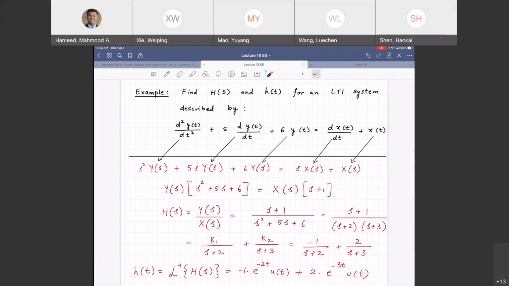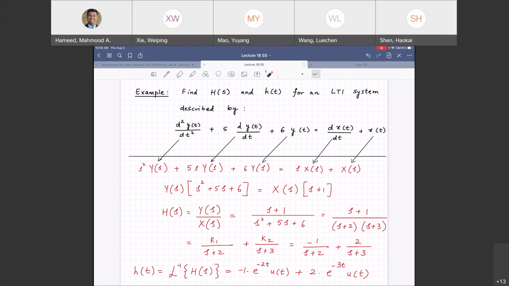I'm using 1 divided by s plus a. Similarly, for this one, it would be 2 e to the -3t u(t). Since I have assumed there's no initial condition, I'm assuming that my signals are right-sided. That's why I got u(t)'s instead of u(-t)'s.